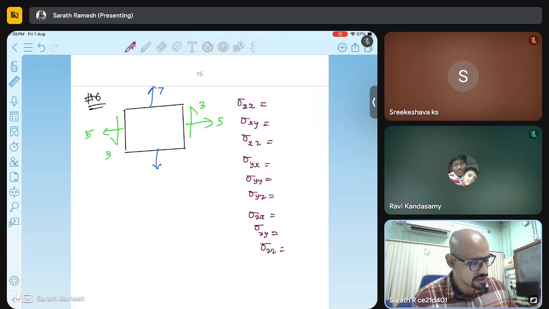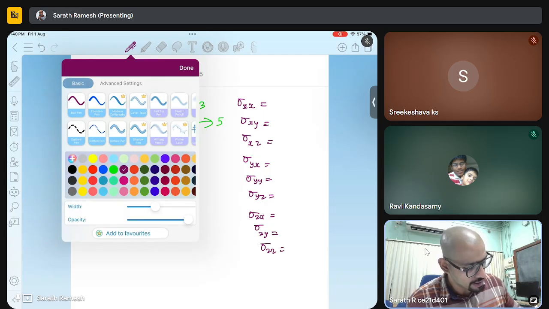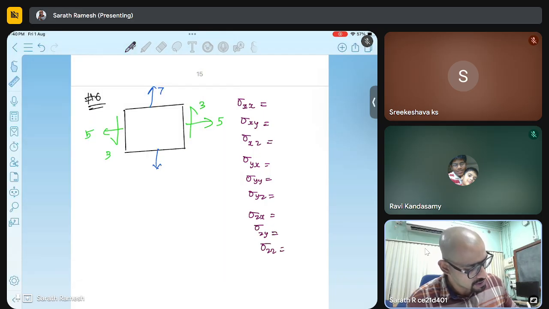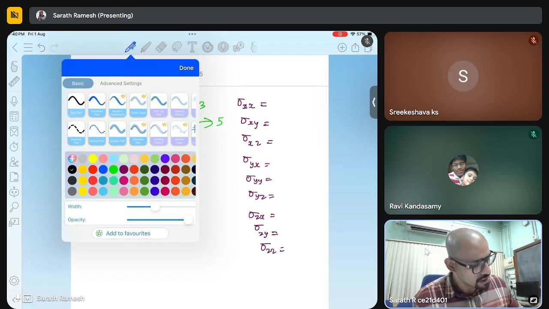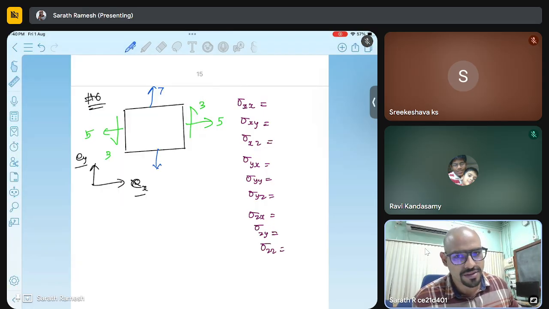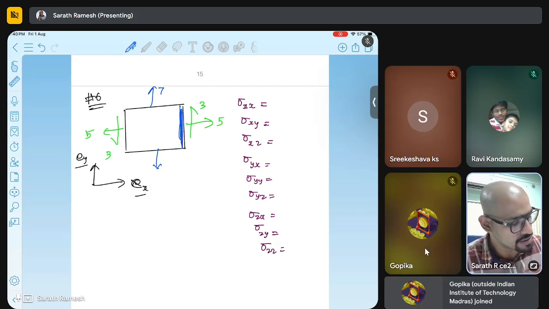Sigma xx means, let me give the basis vectors: this is x, this is y, ex, ey. Sigma xx means x plane along x direction. So this is my x plane, and this is my x direction.